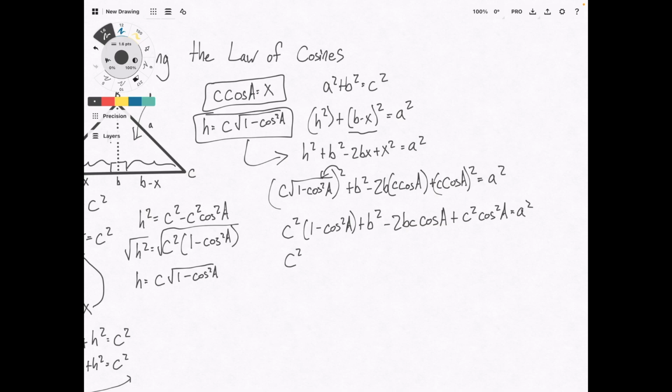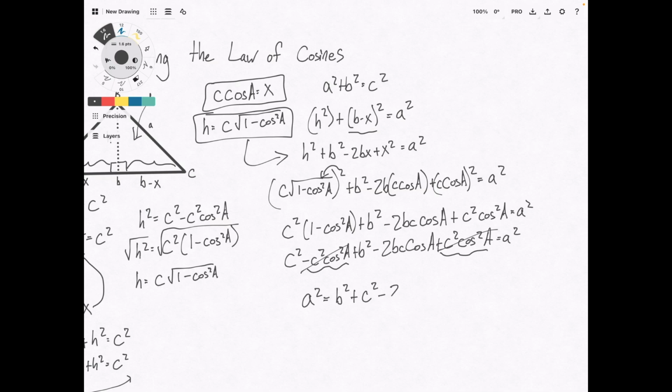Multiply this back in, c squared minus c squared cosine squared A, and what we can see is that we have these two terms that will cancel out. So boom, boom. And what we're left with, we're going to flip around. a squared equals b squared plus c squared minus 2bc cosine A. And that is the law of cosines.